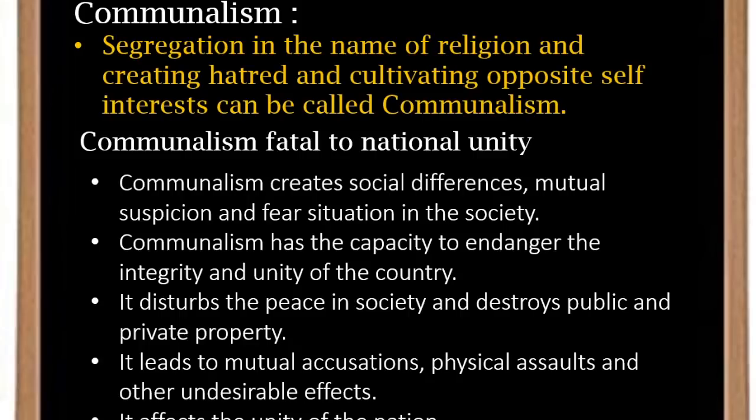So, segregation in the name of religion and creating hatred among them and cultivating opposite self-interest can be called communalism.